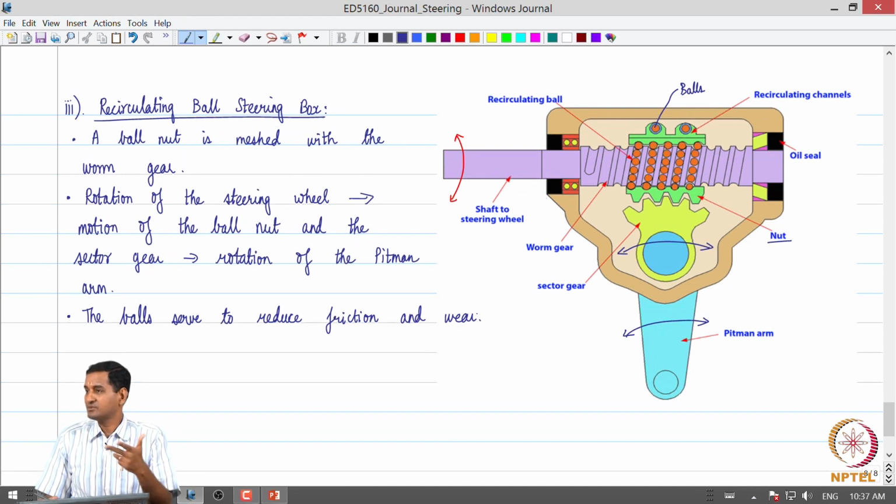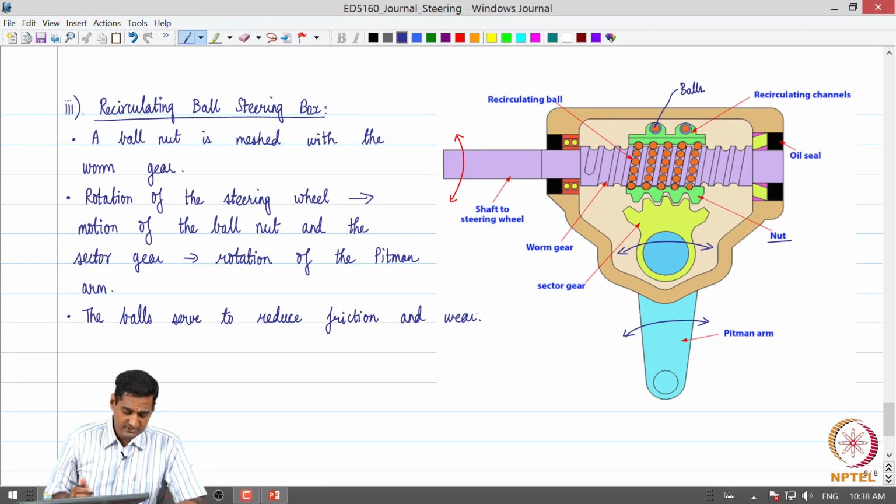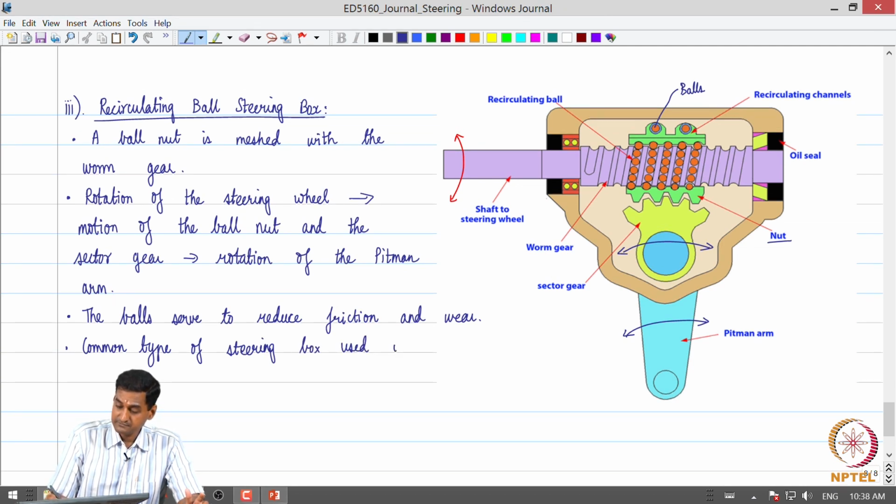So, those are two things which, compared to the other choices, in this recirculating ball type steering box, friction is reduced and wear of the components also is reduced, and this is the most common type of steering box or the gearbox used in Pinion arm type steerings.